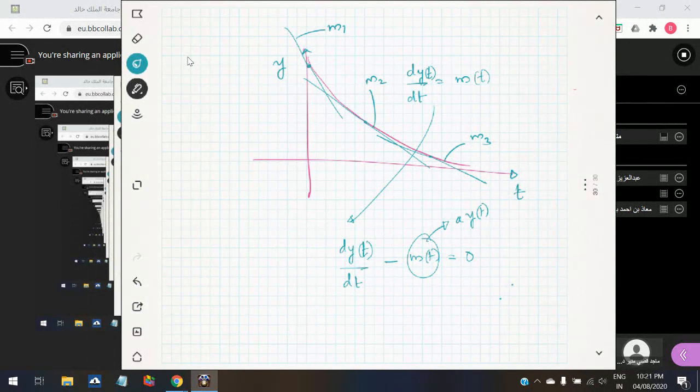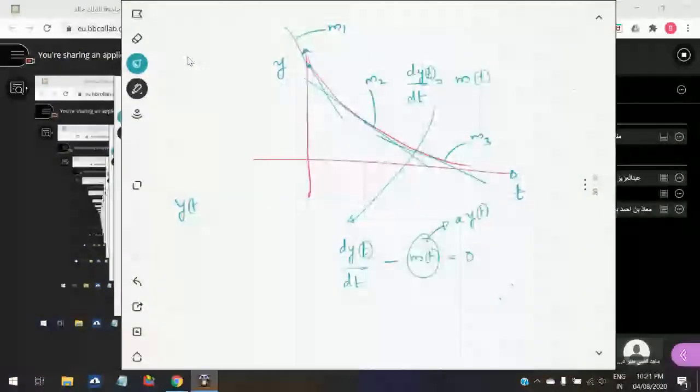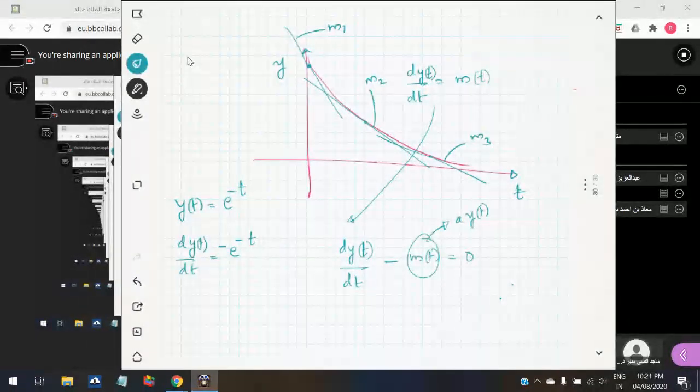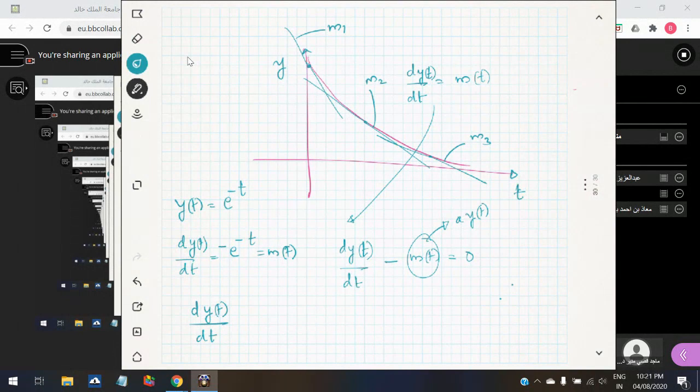If you have an exponential behavior, suppose your y(t) is e power minus t, then what is dy by dt? Again it becomes e power minus t into minus 1. Do you agree with me? This is your m(t). Then I can write my differential equation dy by dt, and taking this to the left side, plus e power minus t equals 0.